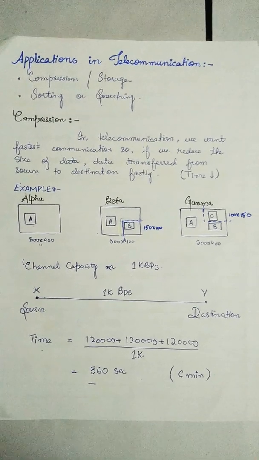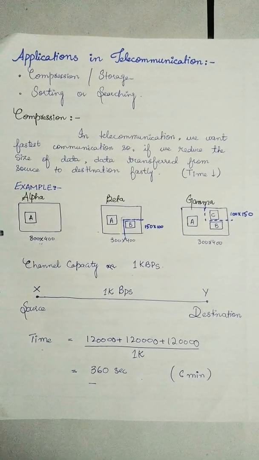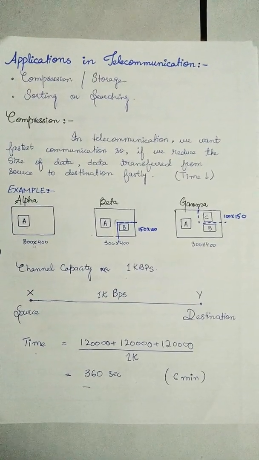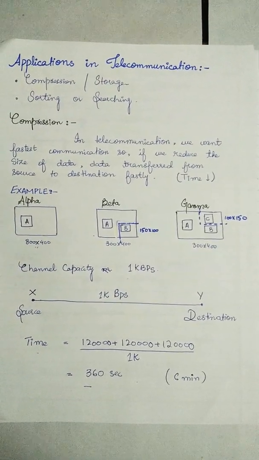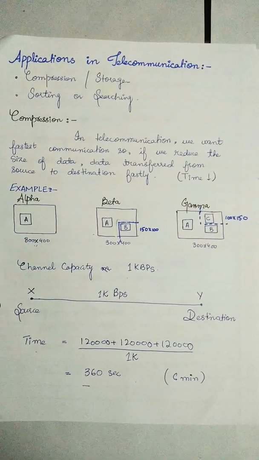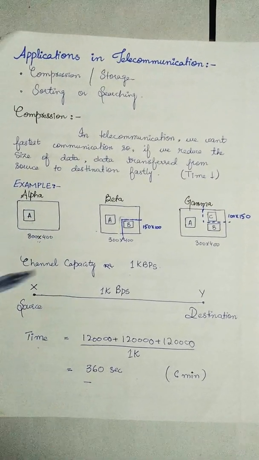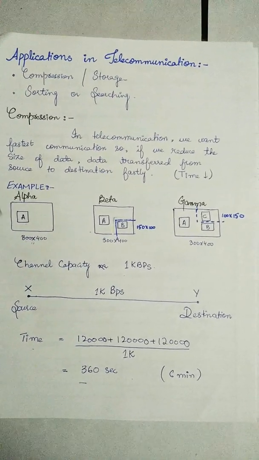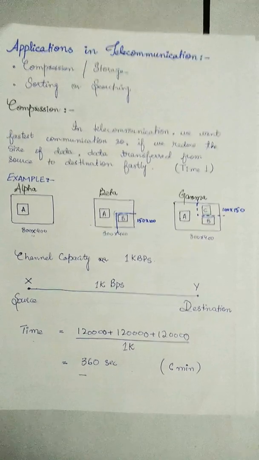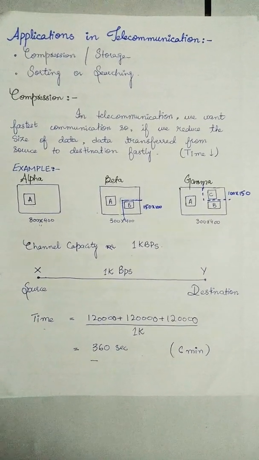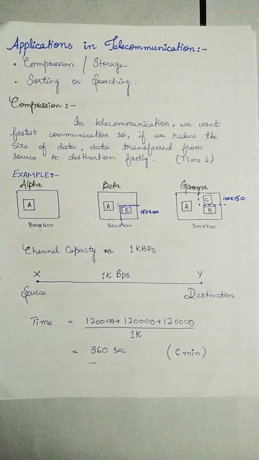We have three figures of the same pixel size, 300 cross 400, and the channel capacity is 1 kbps. We want to transfer these pictures from source X to destination Y. How much time is required to transfer this signal from X to Y? We want to calculate the time, then apply the techniques of DSP and compare the time.